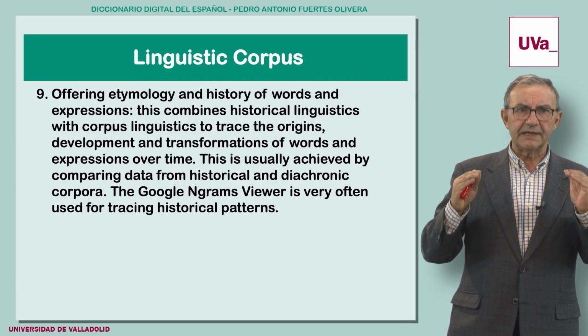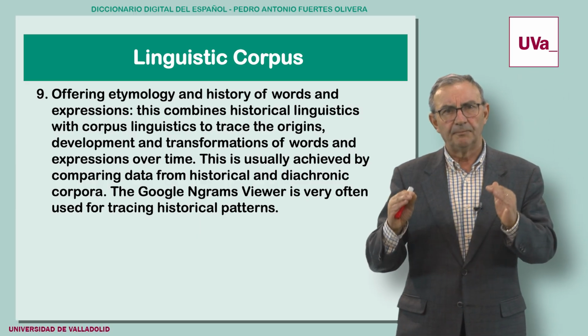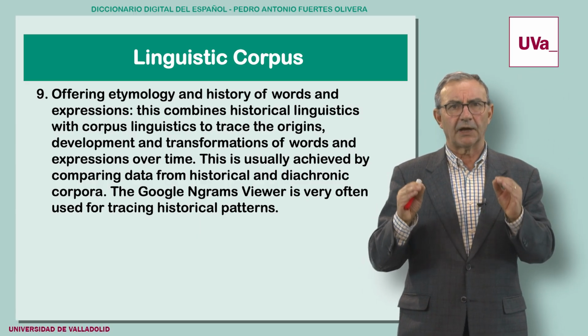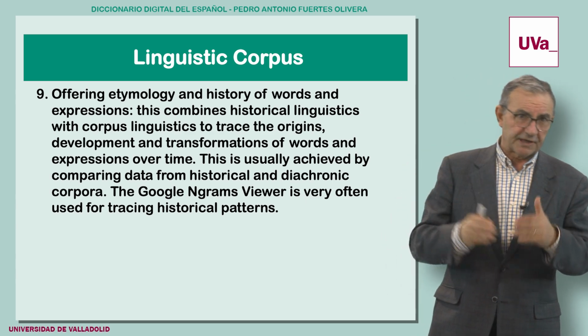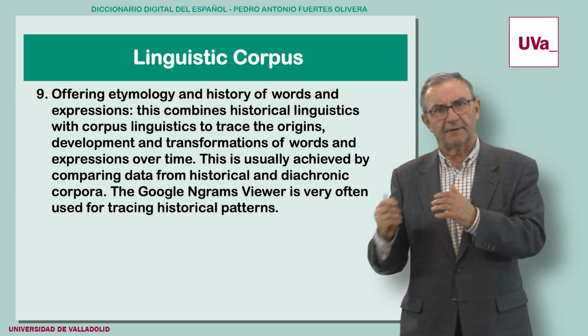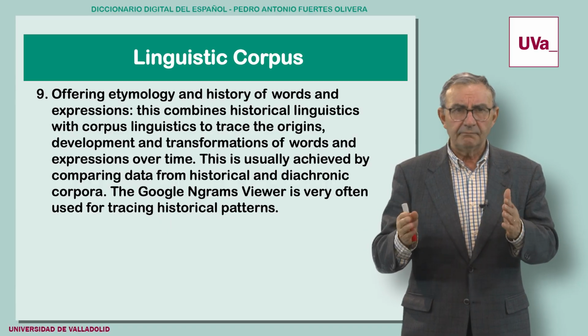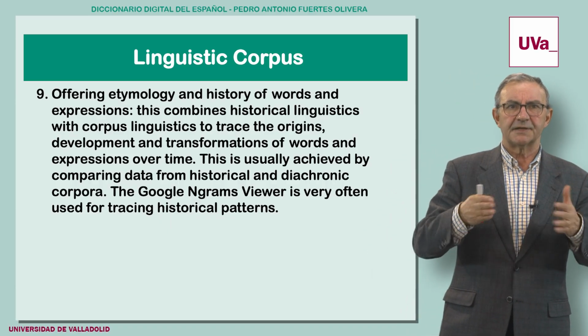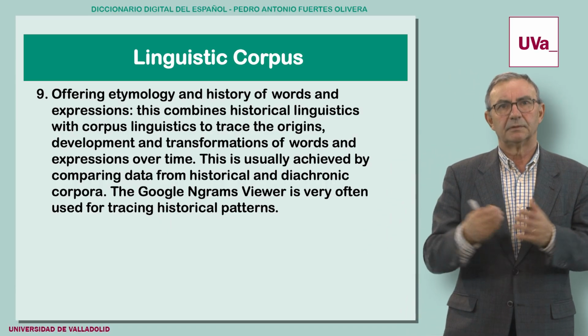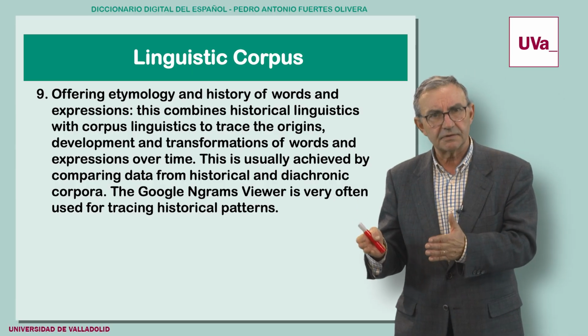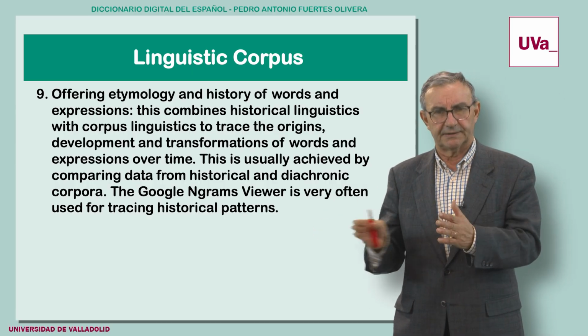This is usually achieved by comparing data from historical and diachronic corpora, for example, with reference corpora. And the Google Ngram Viewer, for example, is very often used for tracing historical patterns.